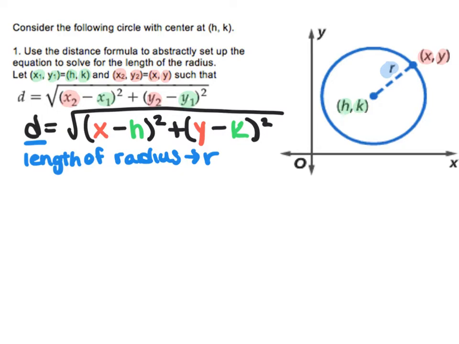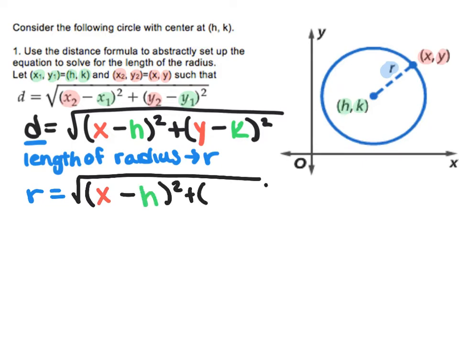So I can rewrite this as r equals the square root of x minus h squared plus y minus k squared.